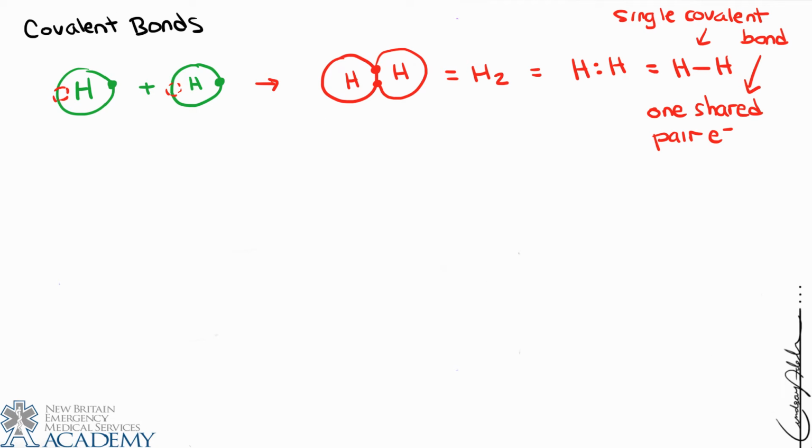Now we can also make compounds with covalent bonds, and a really good example would be water. Water is made of 1 atom of oxygen and 2 atoms of hydrogen. Oxygen is atomic number 8, which means that it contains a total of 8 protons and 8 electrons. So we'll draw the O in the middle to represent the nucleus, and then we'll draw 8 electrons around the outside. 2 electrons will fill the first shell, and then 6 electrons will fill the valence shell.